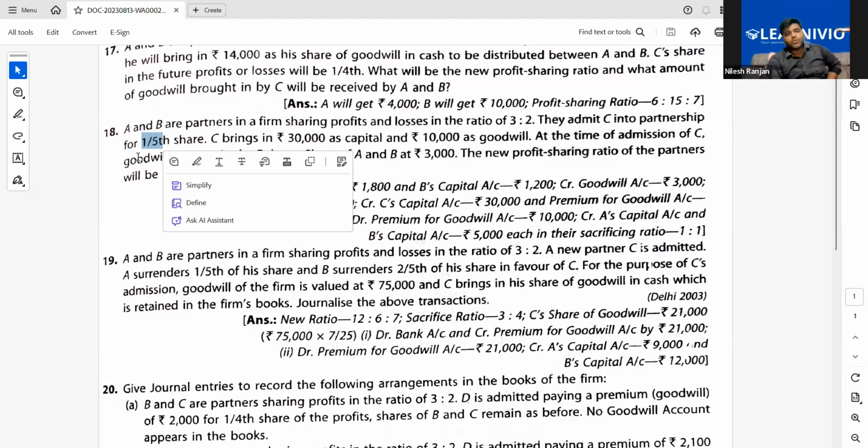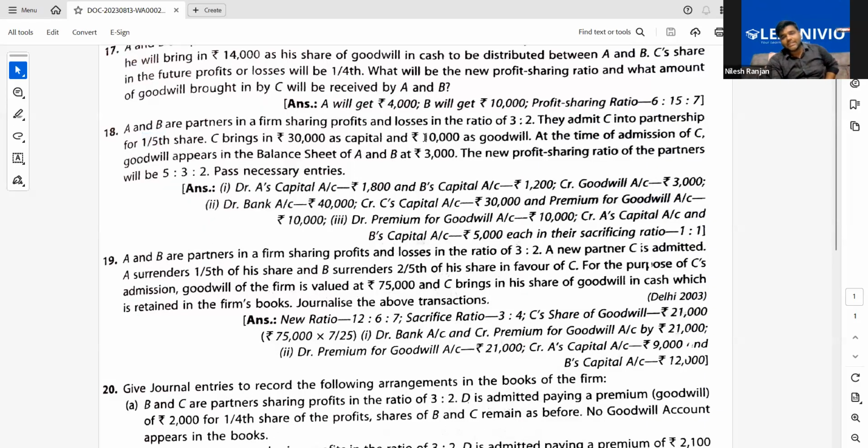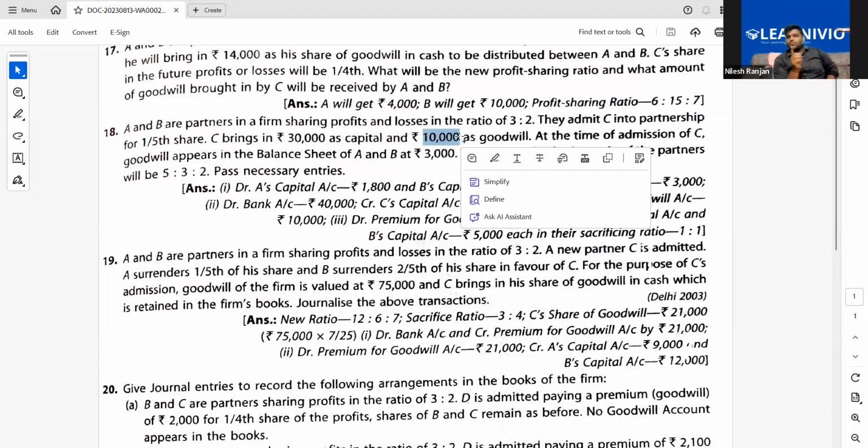Okay. So for 1/5, he's giving 10,000. So this is share of C. It means what will be the value of firm's goodwill? So total 5 shares there are. In that, C is bringing only 1. Okay. So in 5 shares, he's getting 1. And for that, he's giving 10,000. So for total 5 shares, it will be 50,000.